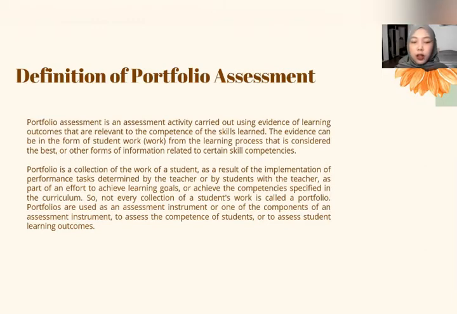So not every collection of a student's work is called a portfolio. Portfolios are used as an assessment instrument or one of the components of an assessment instrument to assess the competency of students.